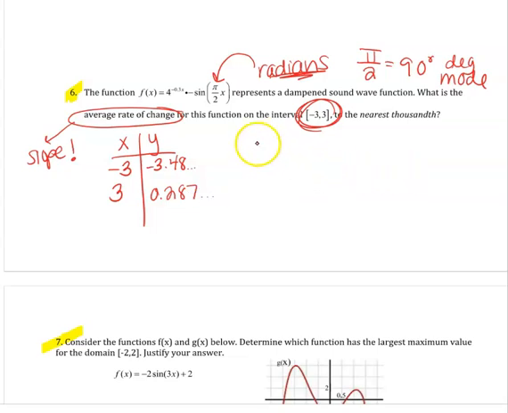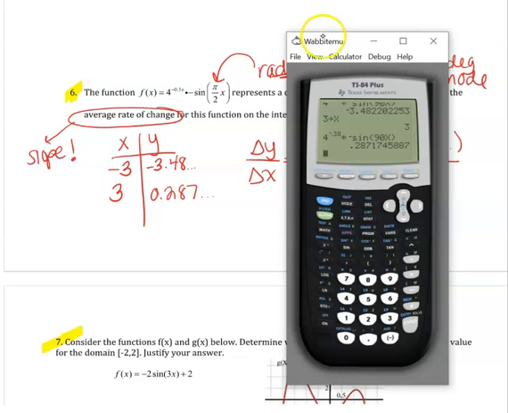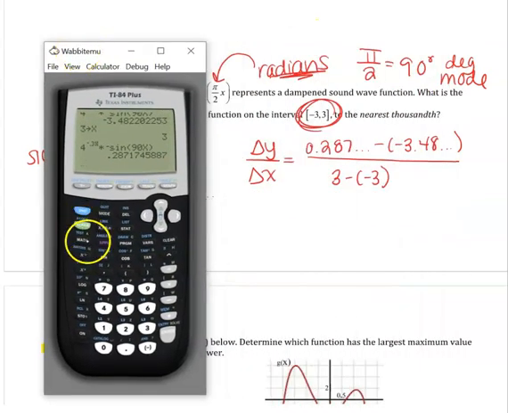Now, when we do slope, remember that's change in y over change in x. So we're going to go ahead and do 0.287 dot dot dot minus this negative 0.348 number, all over, in that same order, 3 minus negative 3. Now, I can do that in my home screen.